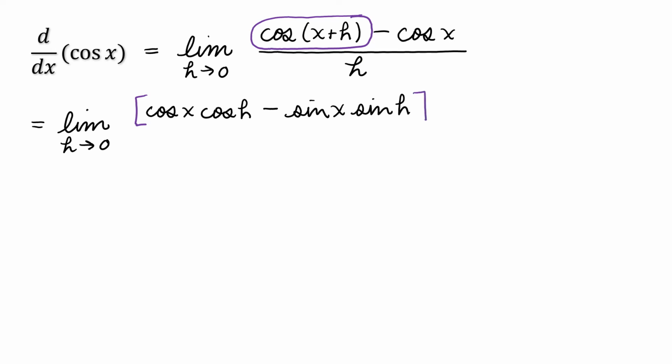So that's just using one of our identities to rewrite the cosine of x plus h. Then we still have our minus cosine of x. And this is all over h, which is the same thing as dividing each of these terms by h.